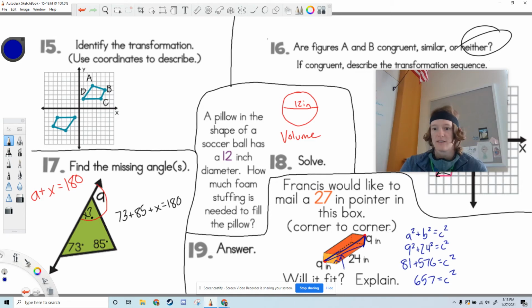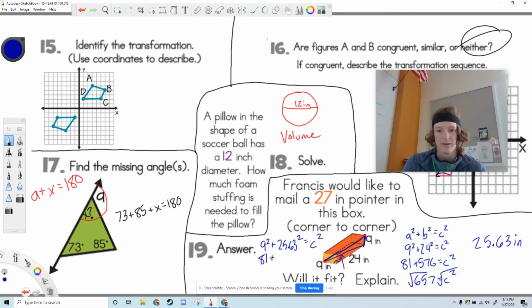And then the last step for that is going to be the square root. Type it in a calculator, 657. We get 25.63 inches. Now we're going to use that with this 9 to figure out what's our total. So let's do it over here. We'll do 9 squared plus 25.63 squared. If you already know what that is, it's right here, 657, equals c squared.